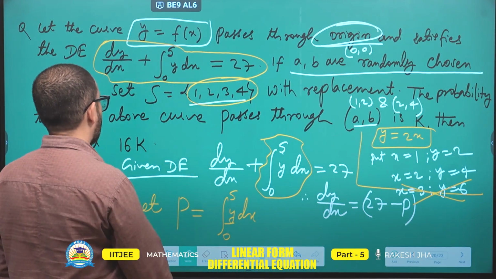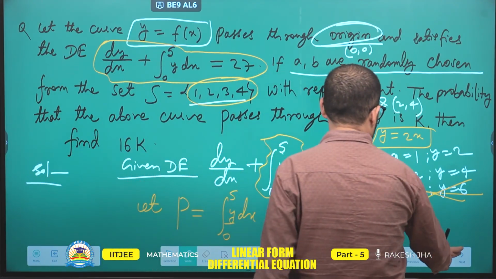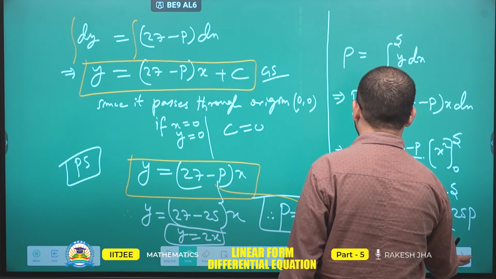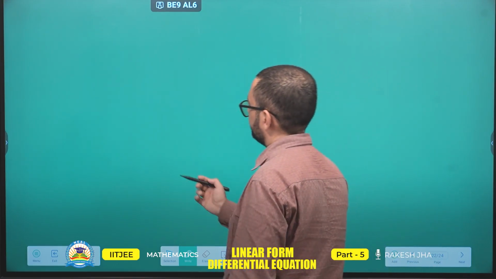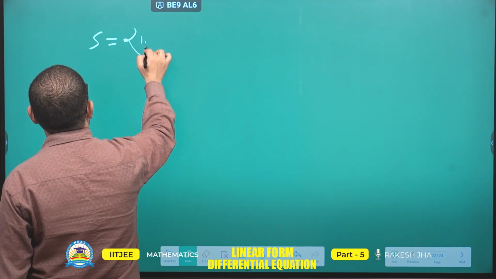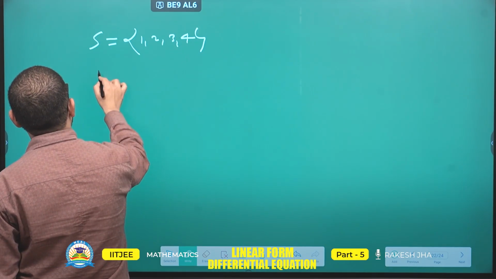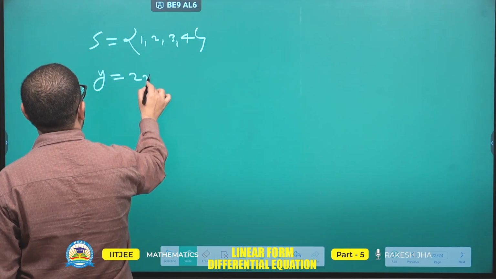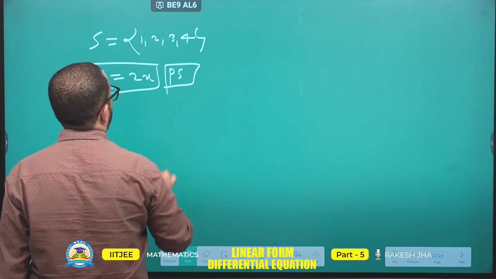So from the set S is equal to 1, 2, 3, 4, we have a set S. It has the elements 1, 2, 3, 4. And we got the relation y is equal to 2x. This is the particular solution of the given differential equation.